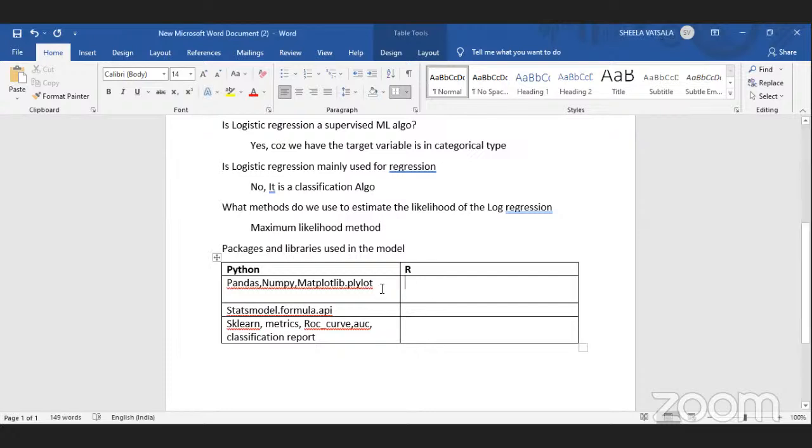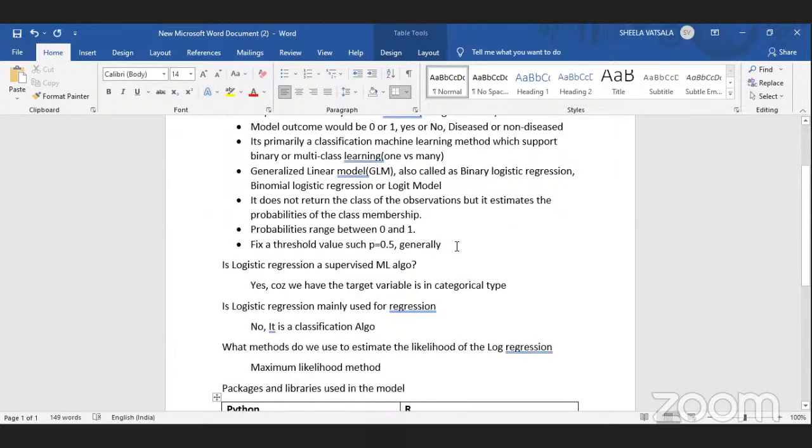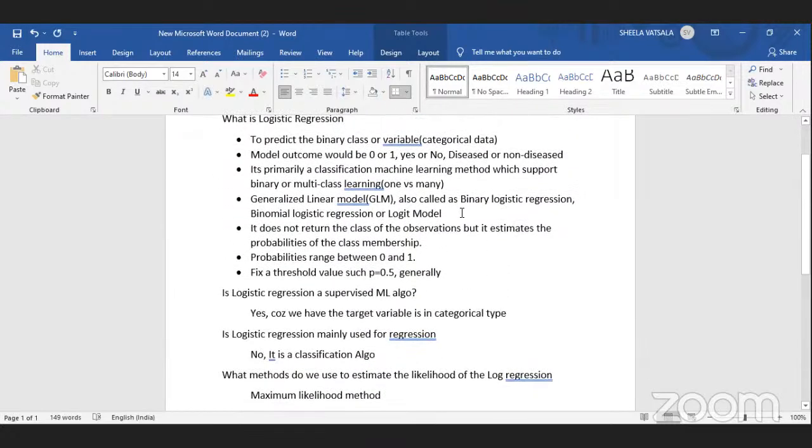And we use family as binomial. One thing I need to mention here is that the first difference between a linear and a logistic regression is the family, which should be identified well before. We mention that as family equals binomial, right? So we have to mention that.